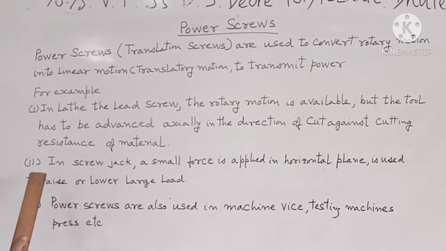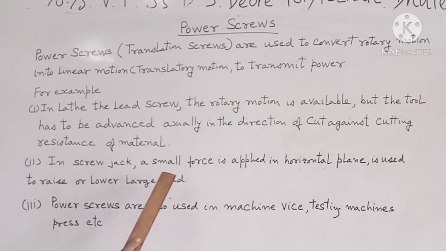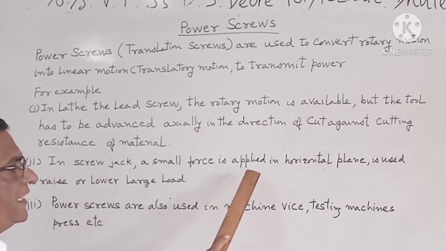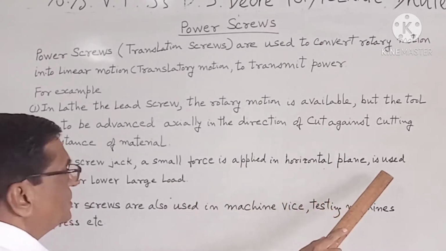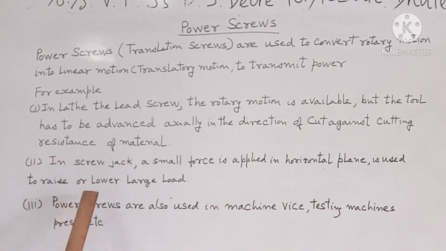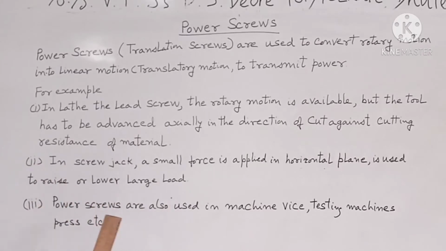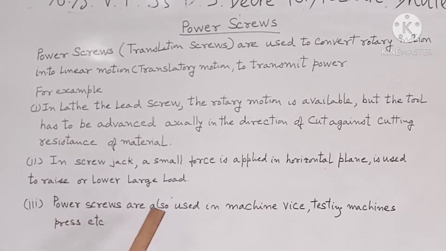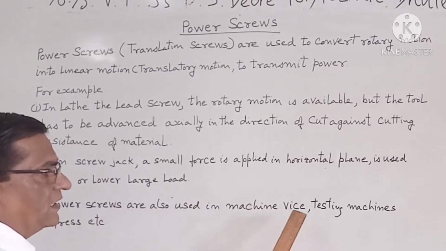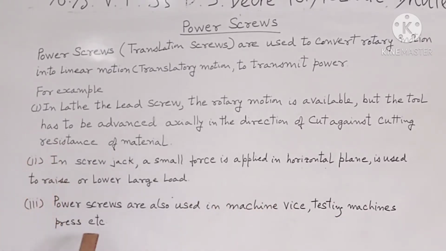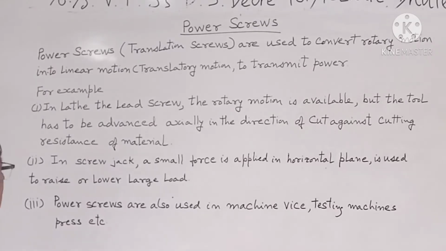Second, in a screw jack, a small force applied in the horizontal plane is used to raise or lower a large load. Third, power screws are also used in machine vice, testing machines and press, etc.